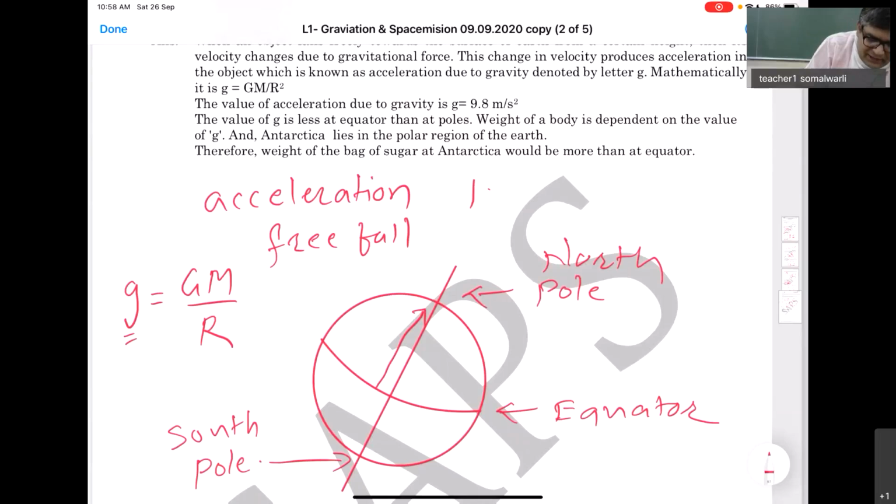Now coming to weight, weight is the product of mass and acceleration due to gravity. Since the acceleration due to gravity at the pole is greater, the weight of any object at the pole will also be greater than the weight at the equator.